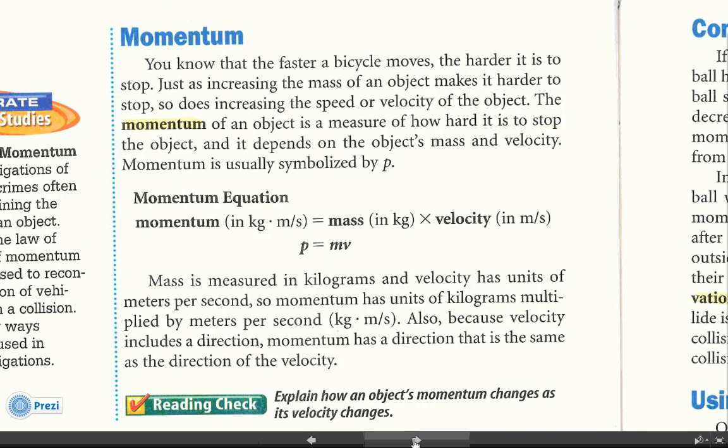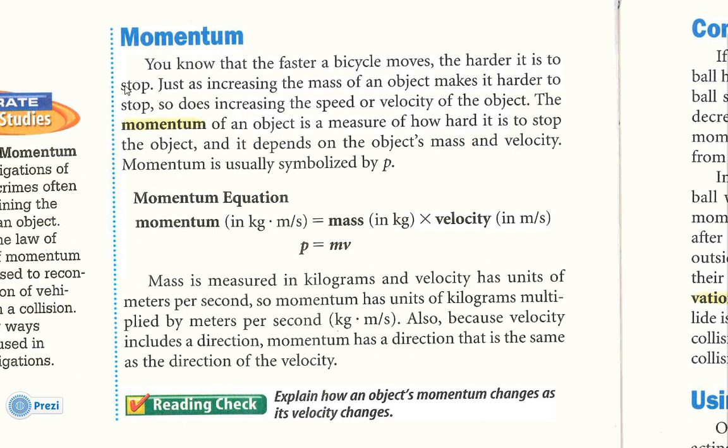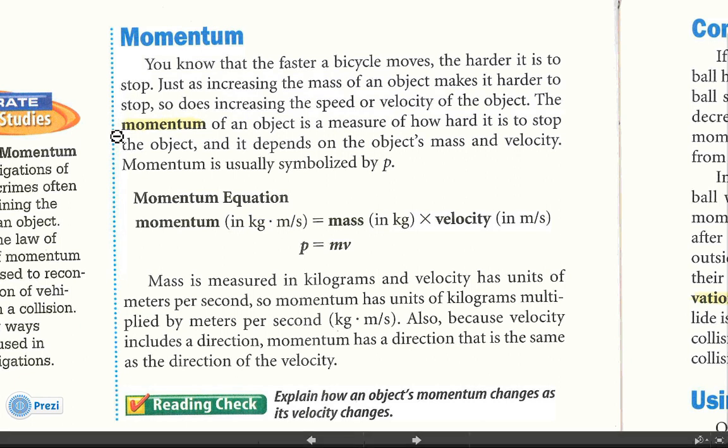All right, so momentum. You know that the faster a bicycle moves, the harder it is to stop. Just as increasing the mass of an object makes it harder to stop, so does increasing the speed or velocity of the object. The momentum of an object is a measure of how hard it is to stop the object, and it depends on the object's mass and velocity. Momentum is usually symbolized by a P. Why? I don't know. Can't be M, can it? Because M is mass.